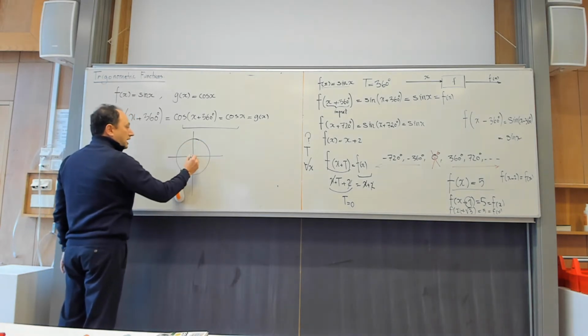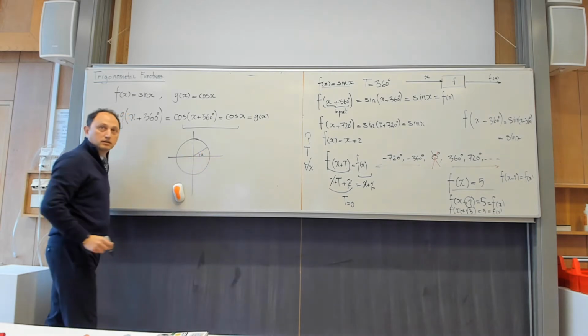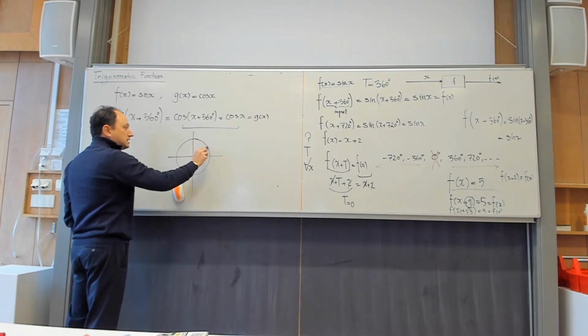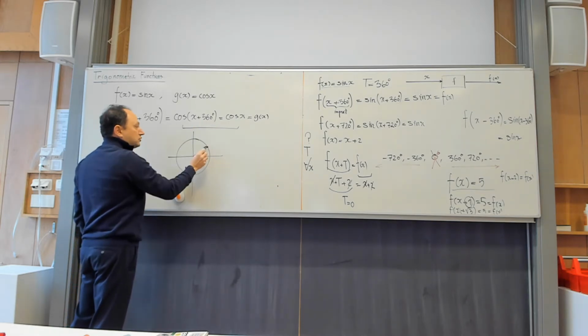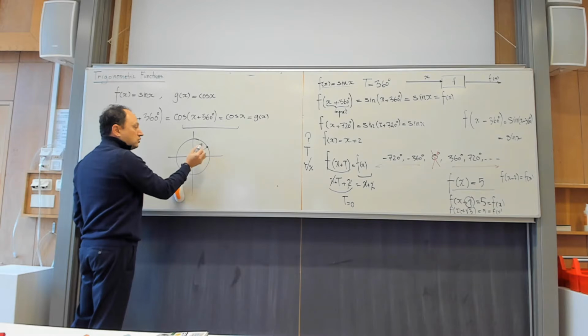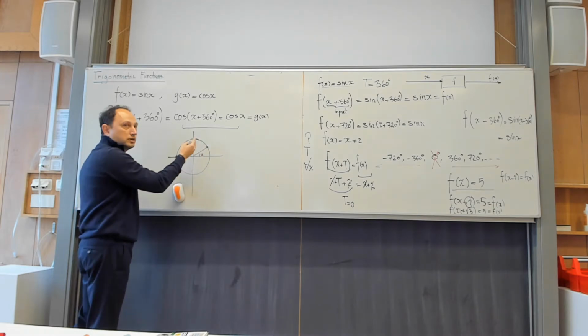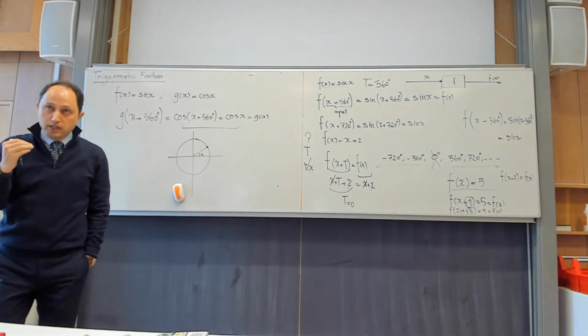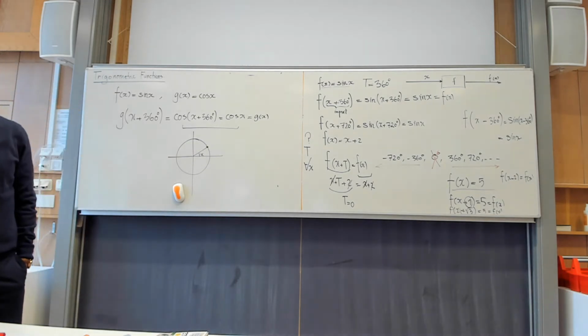If I have one angle x and I go one full round, I will return back to the same point, so the x coordinates are the same and I will have the same cosine. That is for sure. But is it also possible to find a number smaller than 360 degrees?